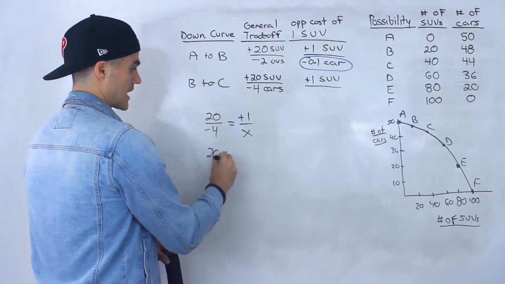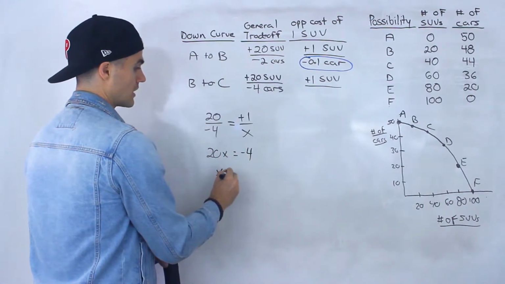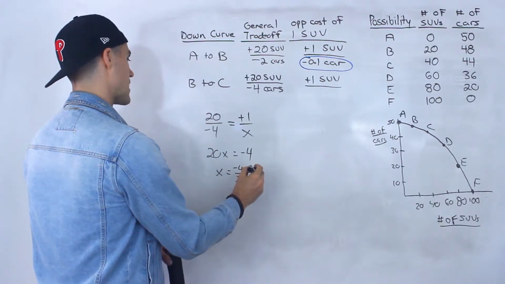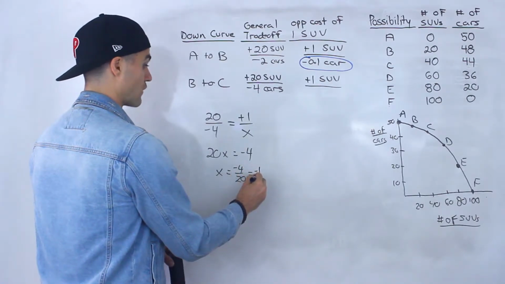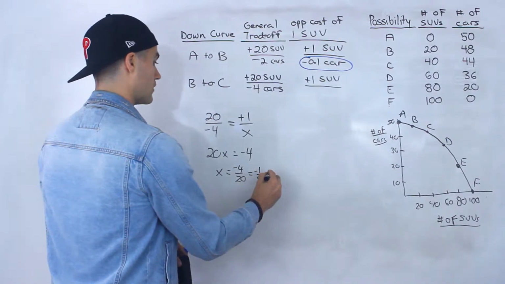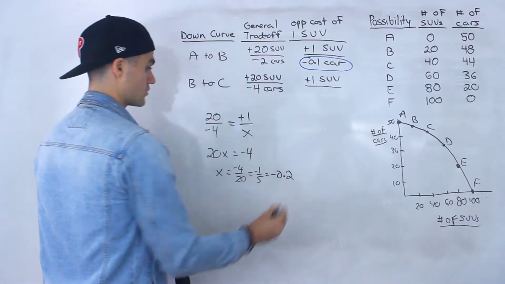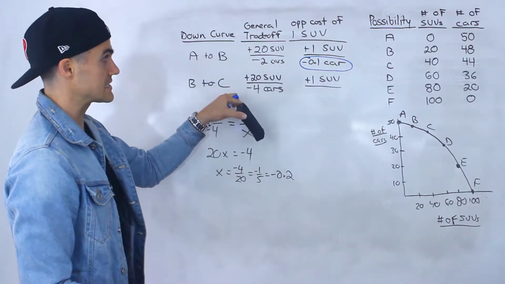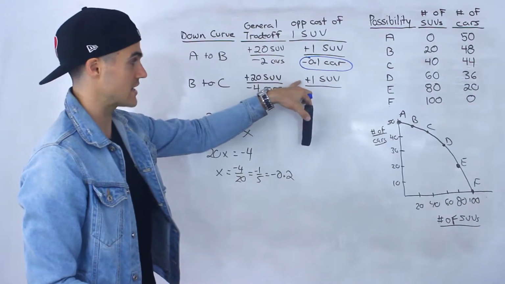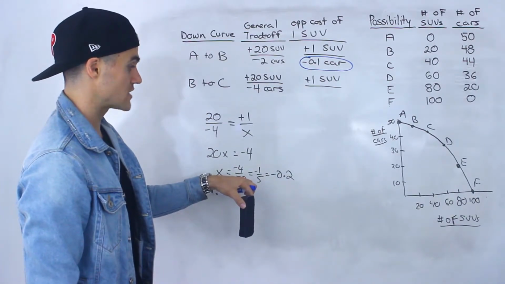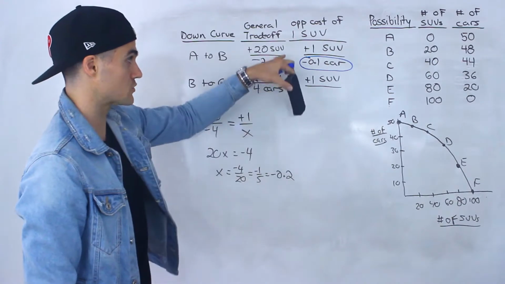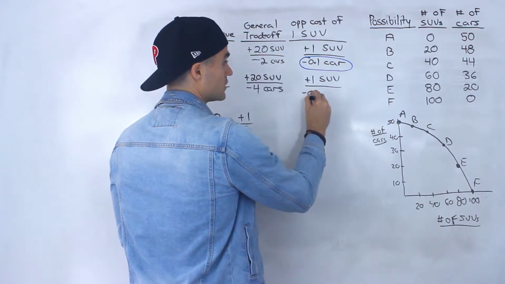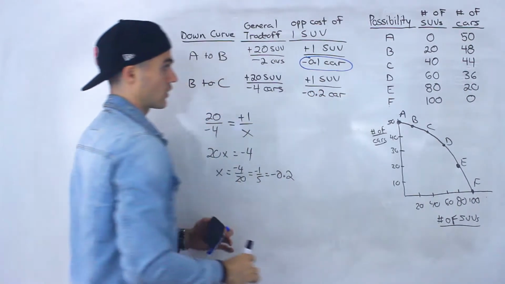Cross multiply, 20x equals -4, so x would be -4 over 20. If you simplify this, this would be -1 over 5, or -0.2. So the opportunity cost as we move from B to C of producing one extra SUV is we have to sacrifice 1/5 of a car. Here it was 1/10, here it's 1/5. Or in decimals, we got to sacrifice 0.2 of a car.